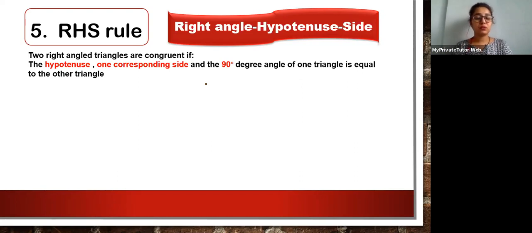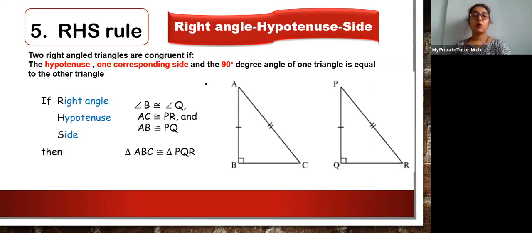Only if all three criteria are fulfilled are the two right angle triangles considered congruent.